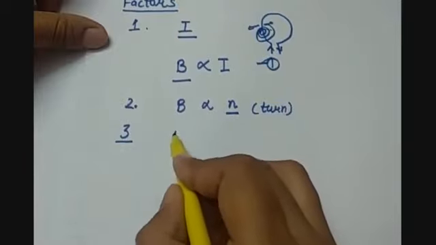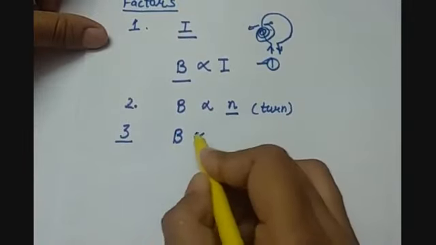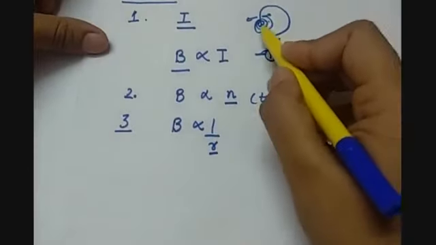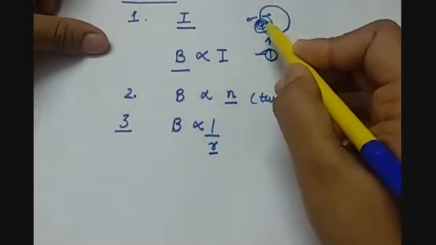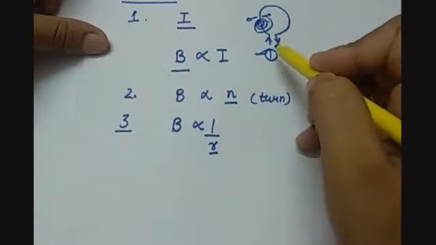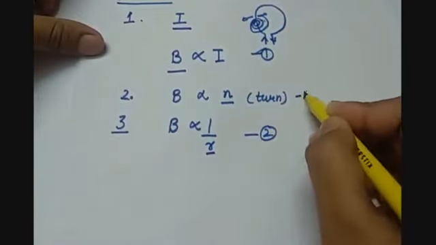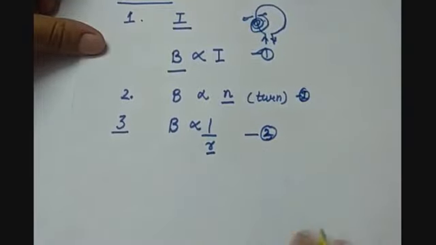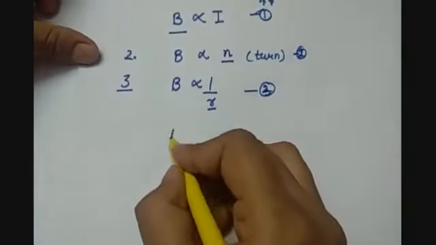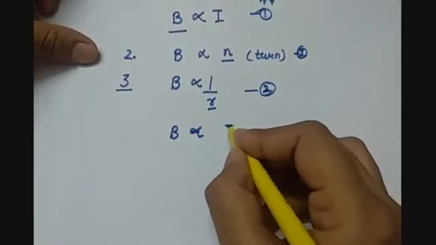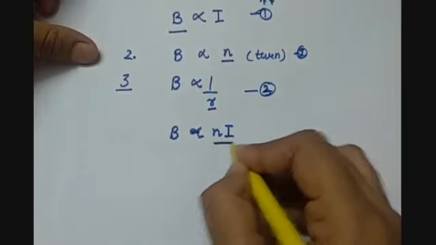That means magnetic field strength is inversely proportional to the radius of the concentric circles formed around a circular loop. So now we have the three equations. By combining them, we can say magnetic field strength is directly proportional to Ni upon r.